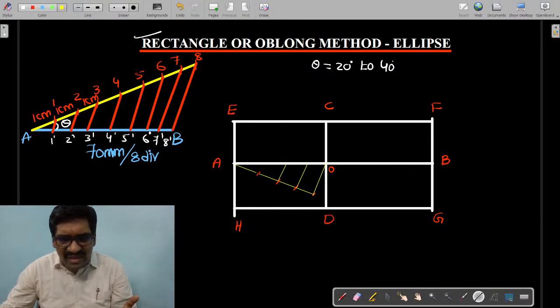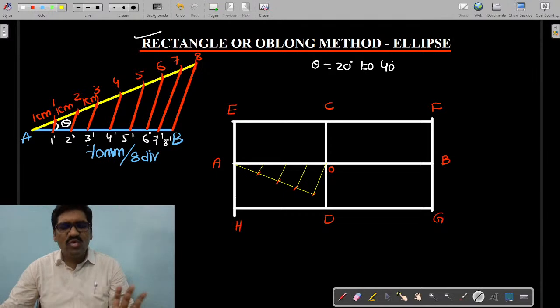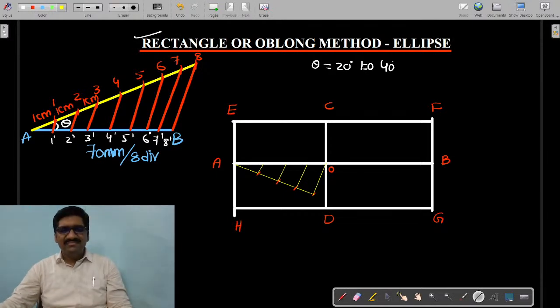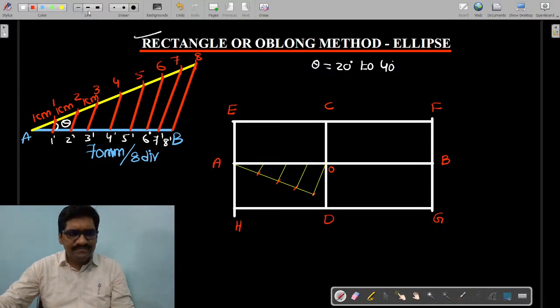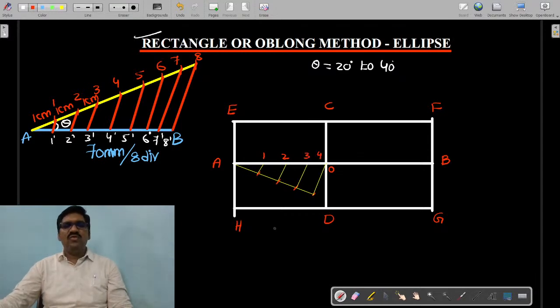Next, parallel to this line, I am drawing a line from here. Next, parallel to this line, from here also. Over. Now mark the points here. The points are 1, 2, 3, and 4. 4 points are there.